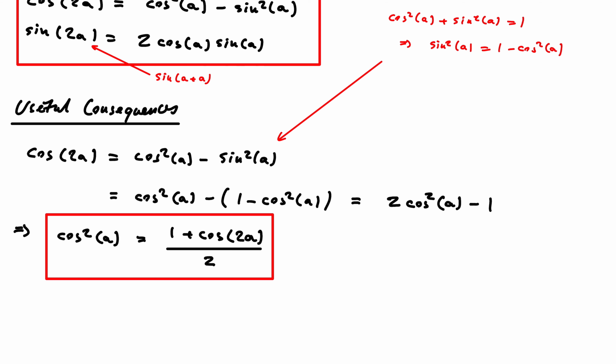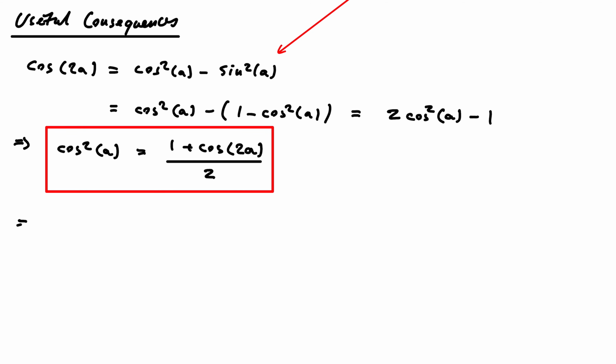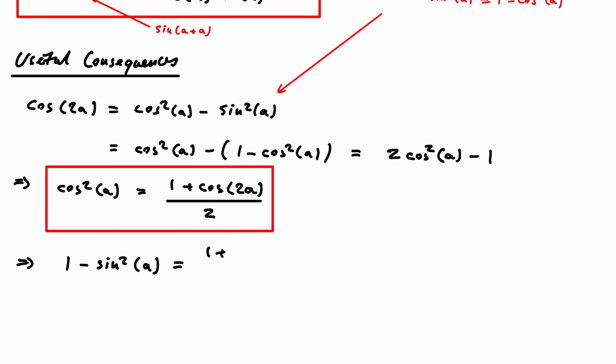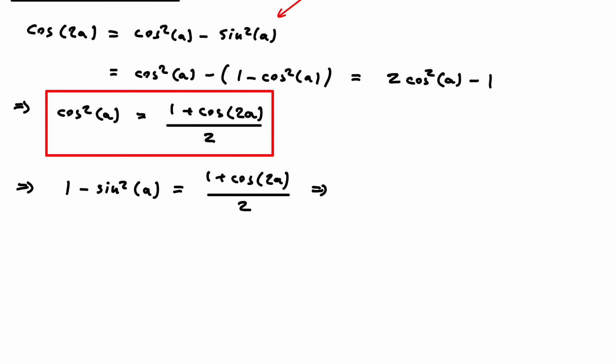So if I've got this, we could also do the following. We could replace the cos squared with what? With 1 minus sine squared. This is just Pythagoras' theorem again. So 1 minus sine squared of a is equal to 1 plus cos 2a divided by 2. Then this would imply, let's solve this guy, that sine squared a is equal to 1 minus (1 plus cos of 2a) divided by 2.